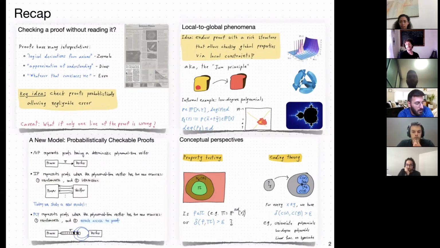One is property testing, which are problems that we can do very locally, by deciding whether an object has a property or whether it is epsilon far from it in some metric. And the other one, which would complement it, would be that of coding theory, where we take arbitrary data and endow it with symmetry and nice properties, such that every pair of objects would be very far from each other.